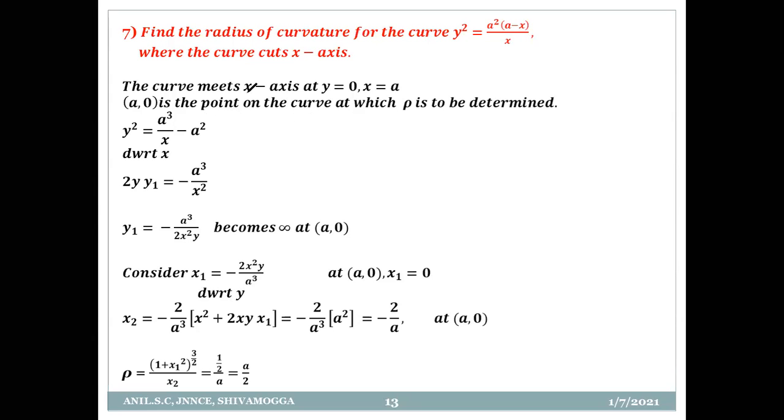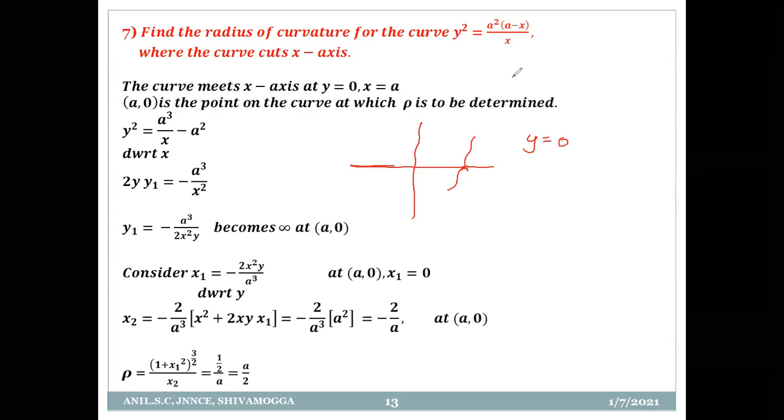The curve meets x-axis. This horizontal line is x-axis. This vertical line is y-axis. At the point where the curve meets x-axis like this, that means the point lies on x-axis. On x-axis, y coordinate is always equal to 0. Therefore, y is equal to 0.